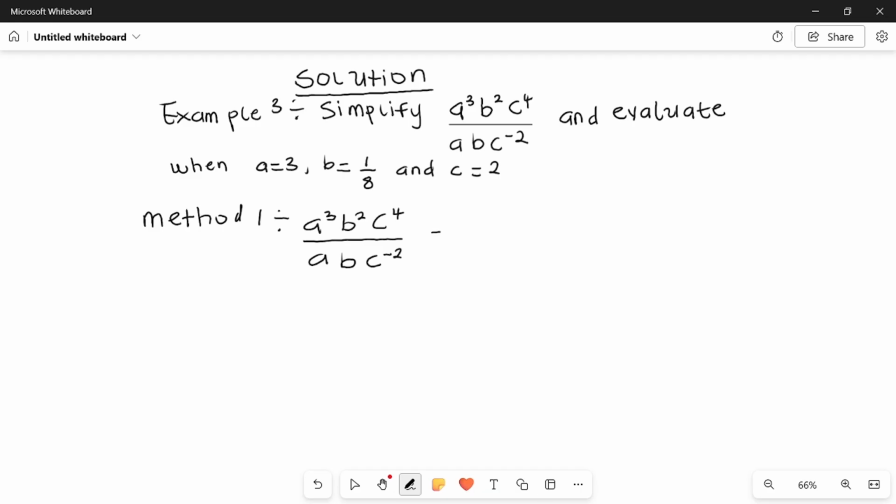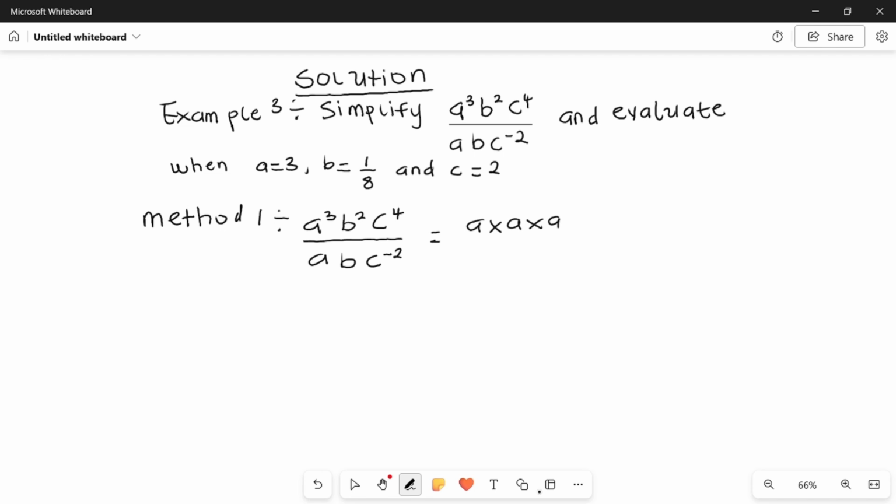So now it will become a times a times a, because it's a raised to the power 3. Remember, this 3 is the index or the power, and this a is the base. And the index is telling us how many times we need to multiply our base a. So that's how we got a times a times a.